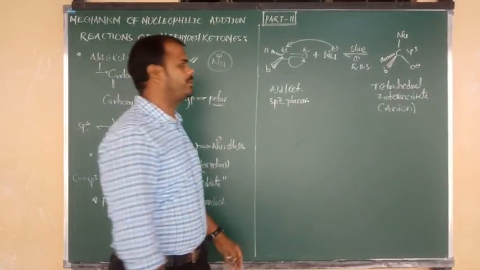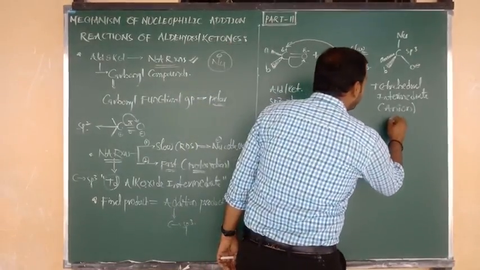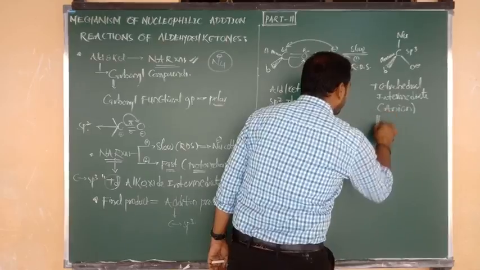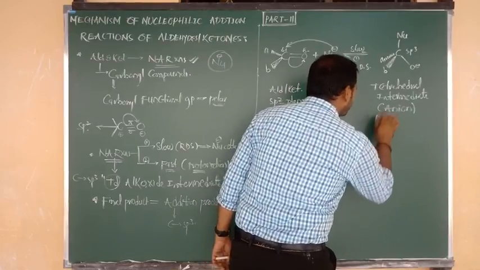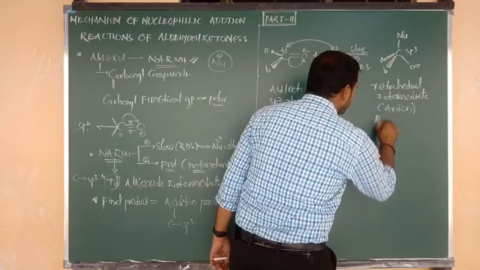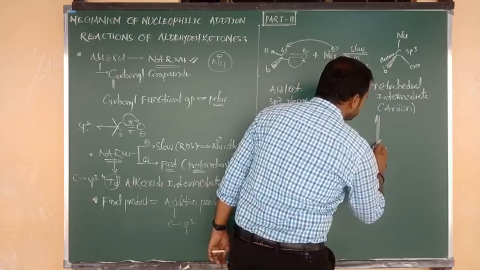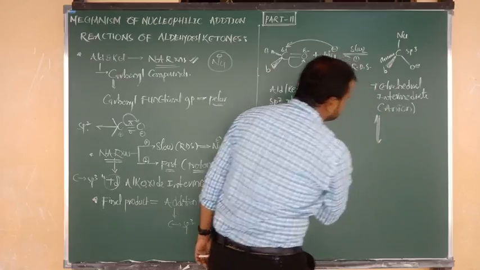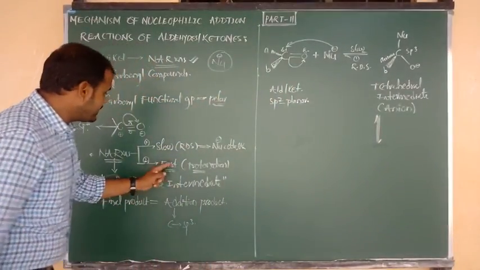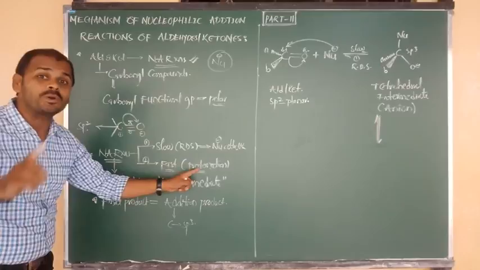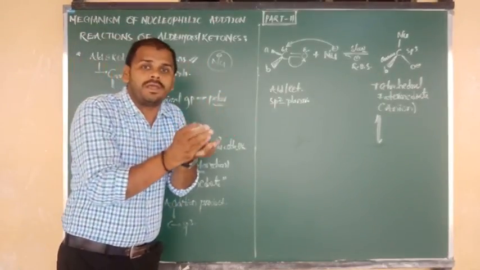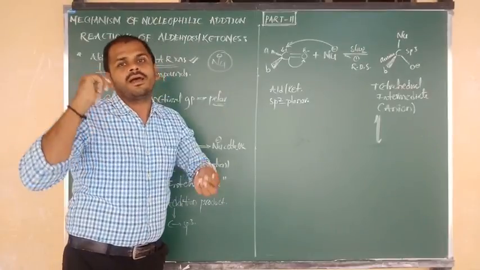Good. Now that intermediate undergoes the second step. That is also reversible; both the first and second steps are reversible. But the first one is the slow step and the second one is the fast step. In this step we have protonation. Proton capturing takes place from the respective medium, water, HCN, alcohol, like that.